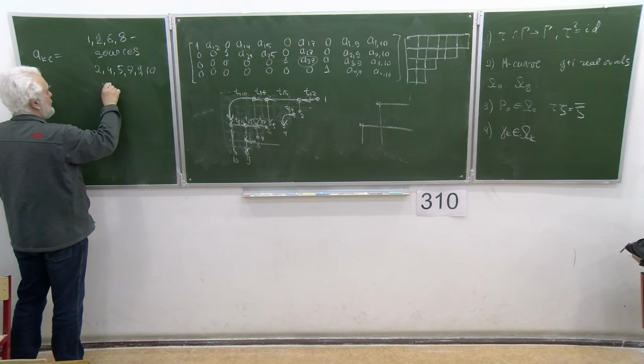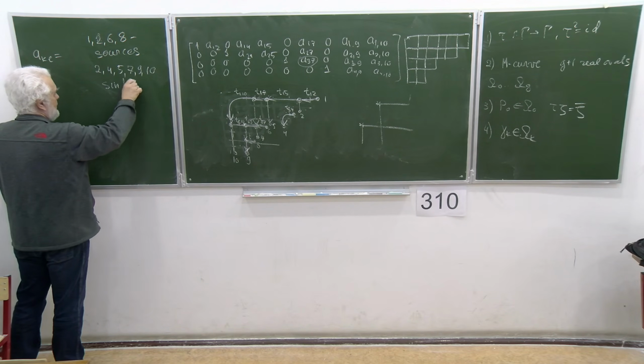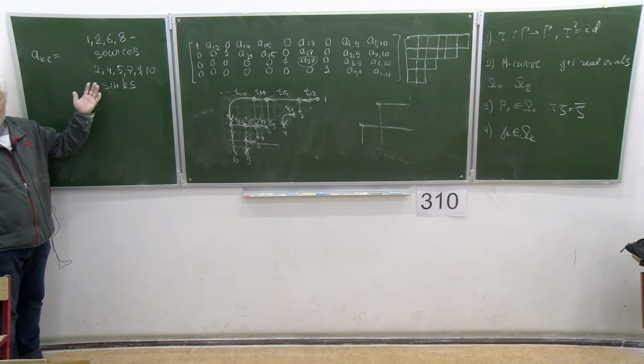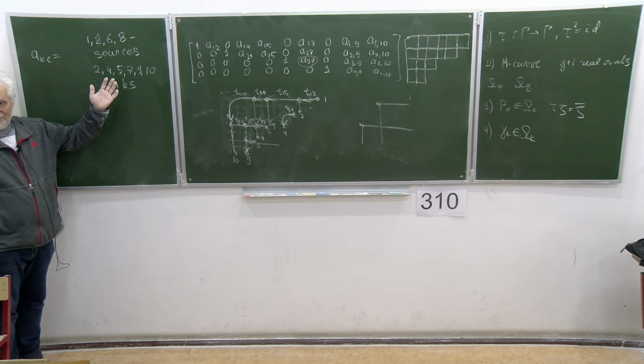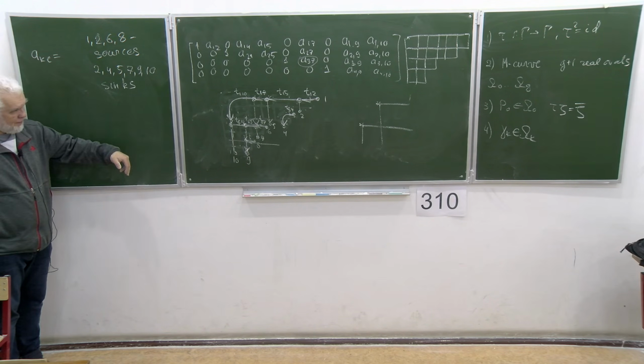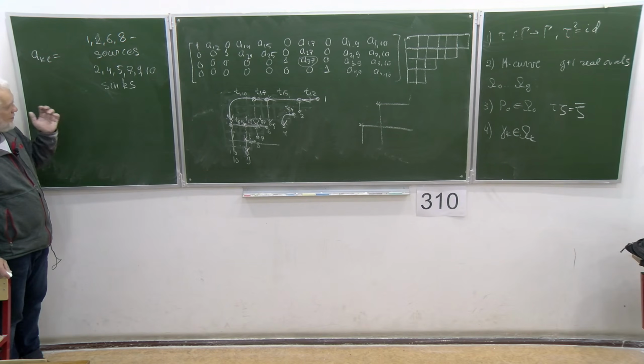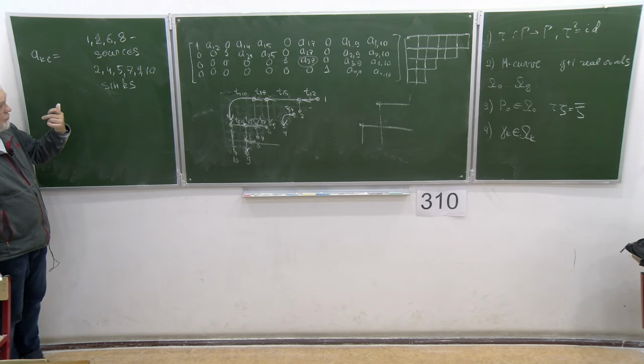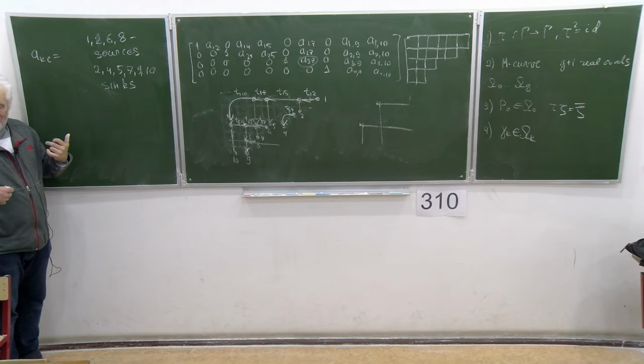They're called sinks. You understand? You have two types of boundary points, sources and sinks. Sinks are the endpoints. Targets. And sources are starting points.